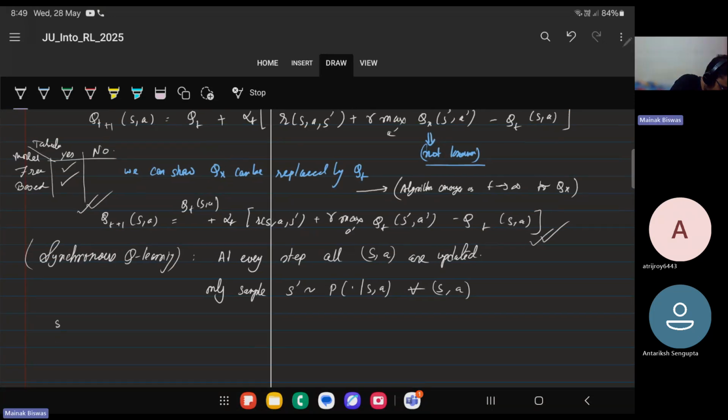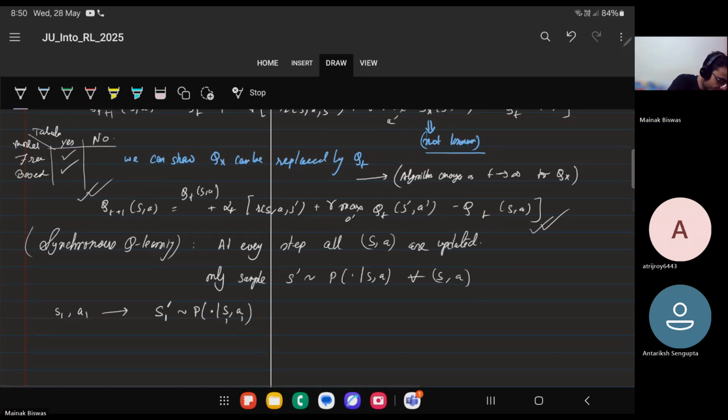I'm going s1, a1. Then for state 1 and a1, I sample s1 dash. Similarly, s2, a2. See here, there's an indexing problem.